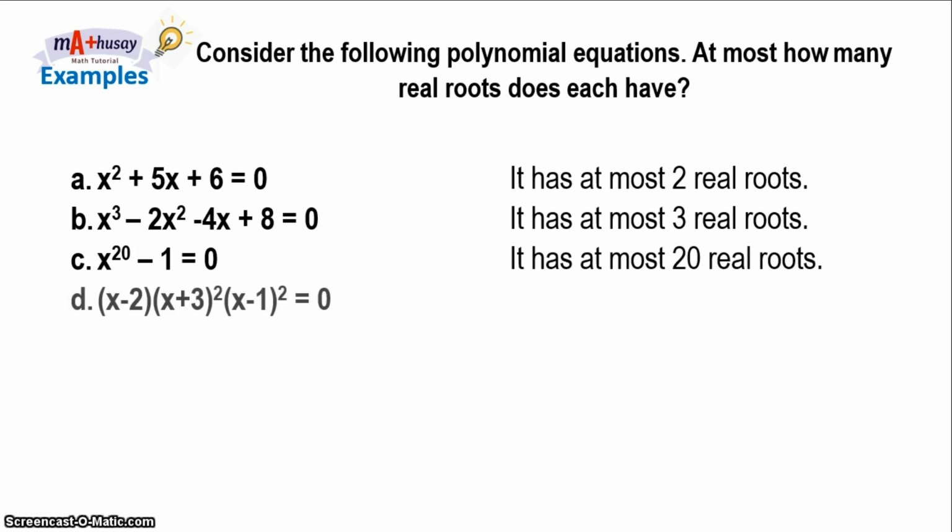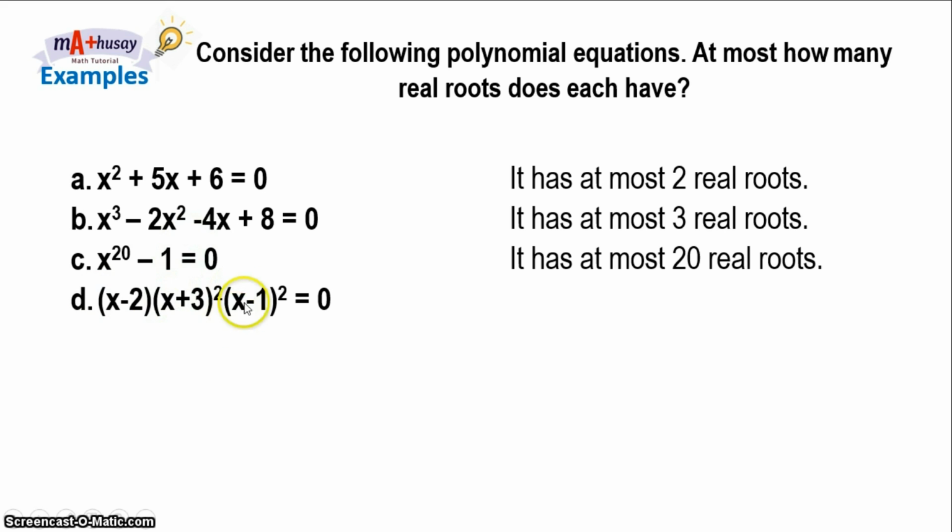How about if we have a polynomial equation in factored form, like the quantity x minus 2 times the quantity x plus 3 squared times the quantity x minus 1 squared equals 0. In this case, if you are going to expand this, we see that we have x here. Now, in this portion, the x will have 2 as its exponent.